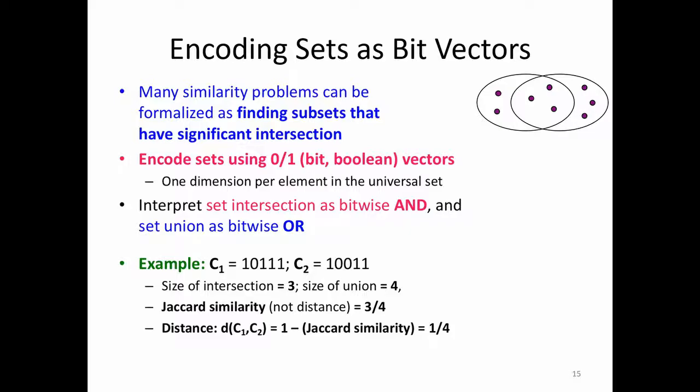Just to show an example, let's say C1 is one document and C2 is another document. The universal set is of size 5, and in C1 the second element is missing, and in C2 the second and third elements are missing. So the intersection is 3 and the union is 4, so the Jaccard similarity is 3 by 4.